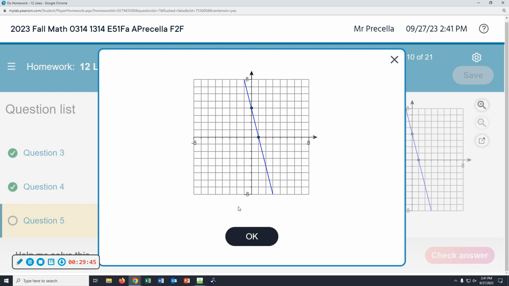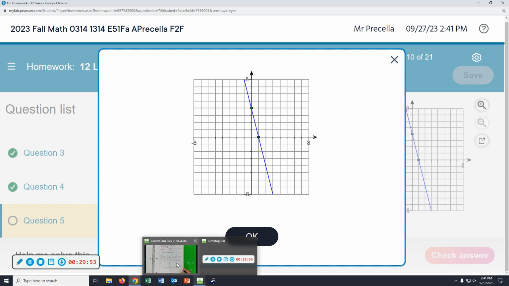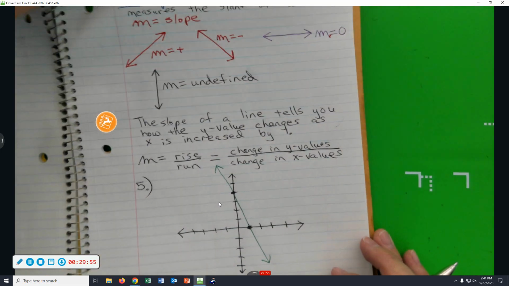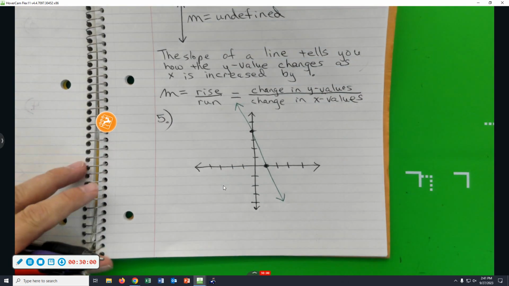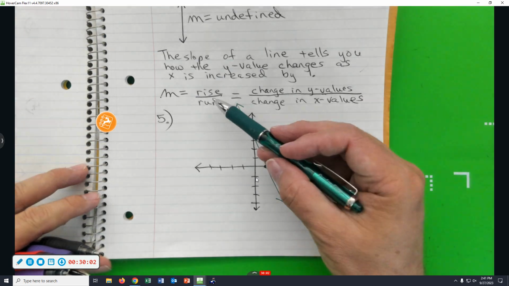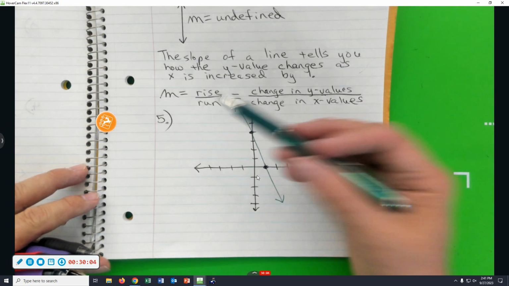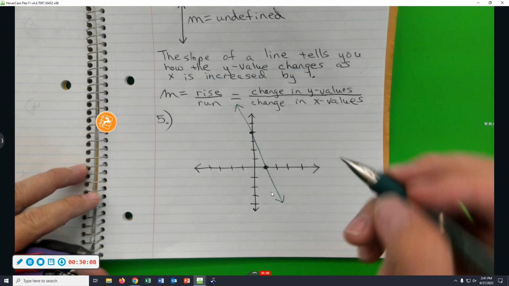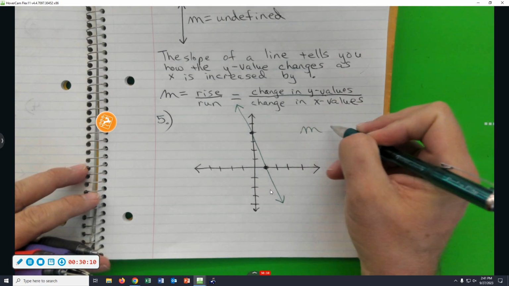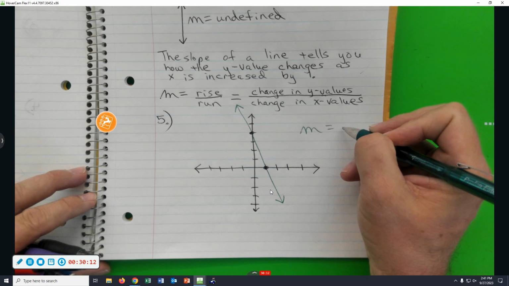But let me draw the line. Okay, there. We know that the slope can be found using this concept of rise over run, but before we even do that, I know the sign of the slope.